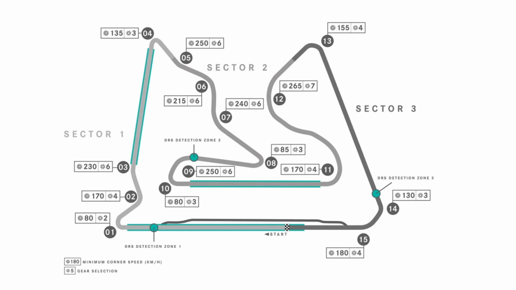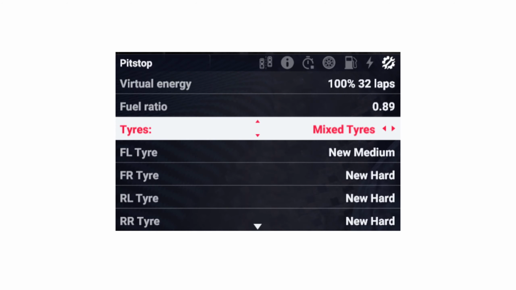So JJ, for the driver swaps, what's the UI like on that? In the pit menu, I don't have a screenshot of this, but on one of the menus there will be an option that says next driver. If you have none, you'll stay in the car.